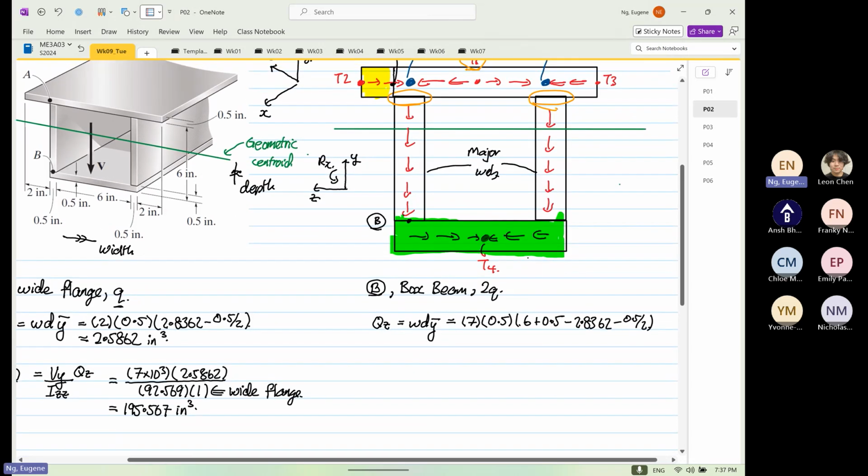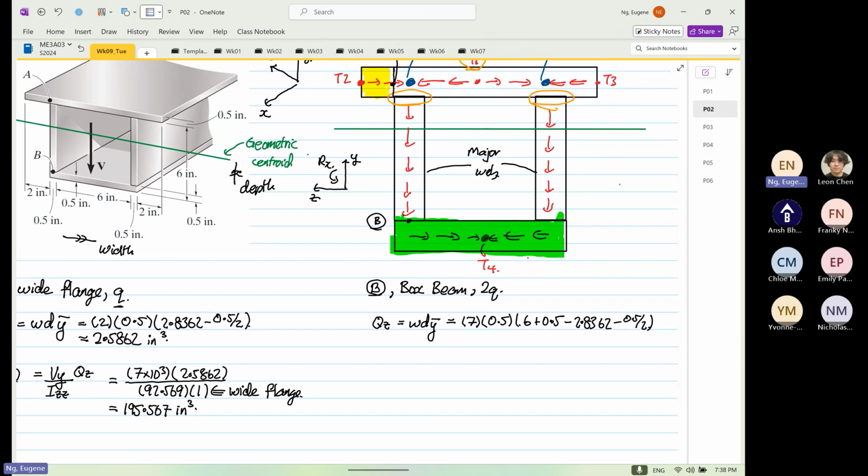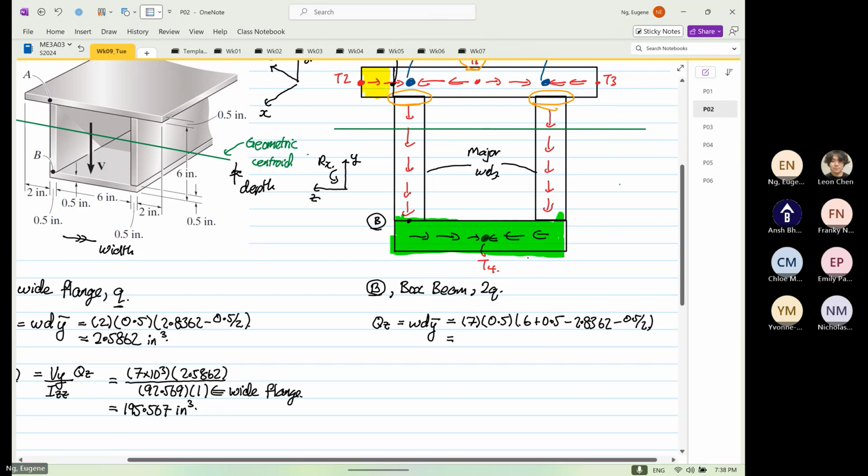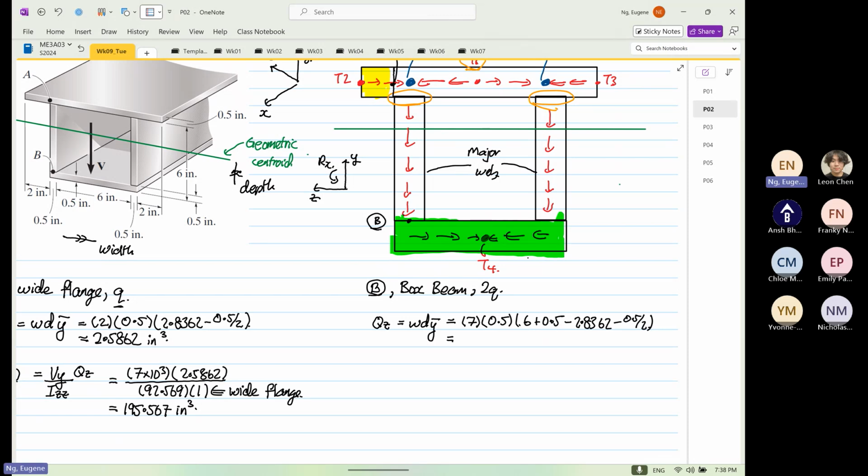Okay, this is how the geometry is taken. Okay, that's why I'm doing this. So from here, this will be 6 plus 0.5 minus 2.8362 minus 0.5 divided by 2 times 0.5 times 7. I get 11.9843.